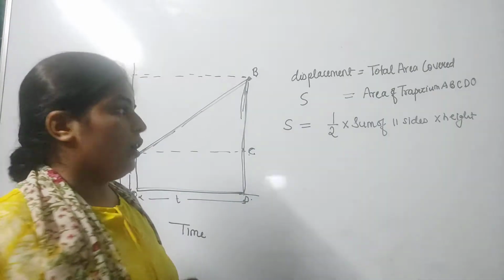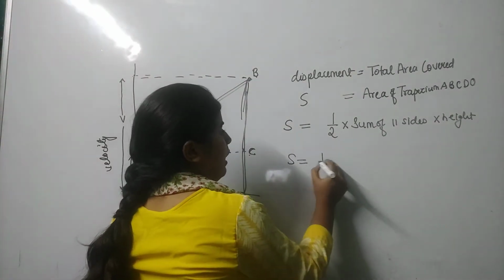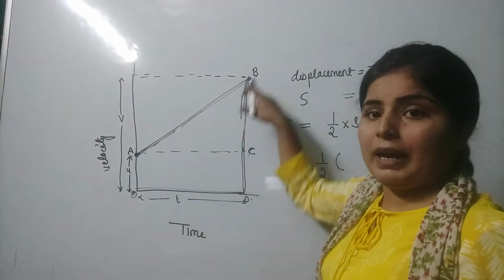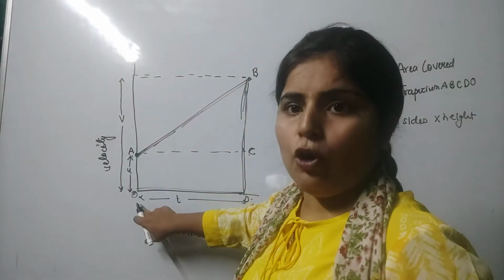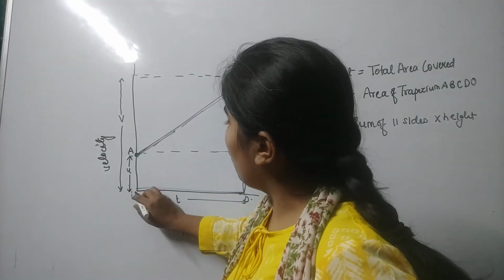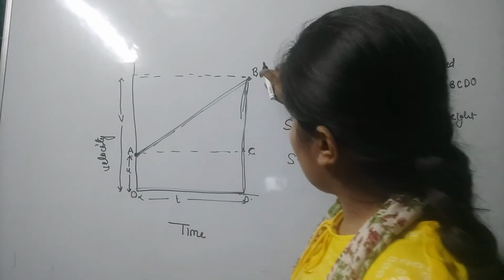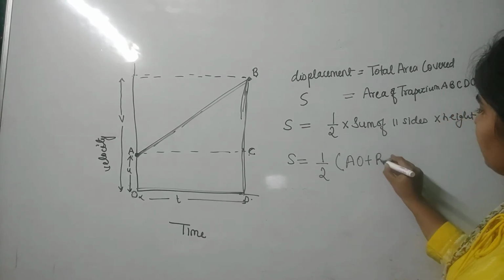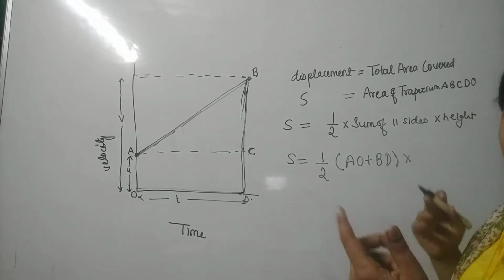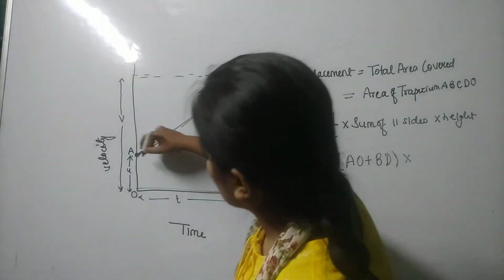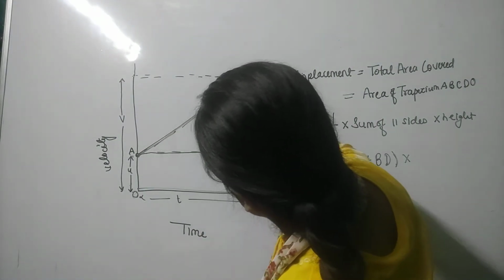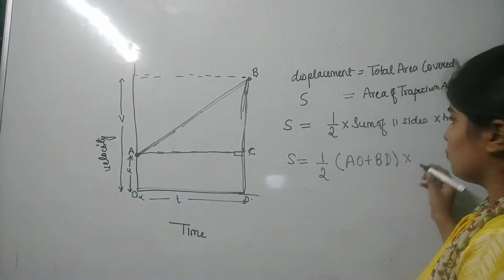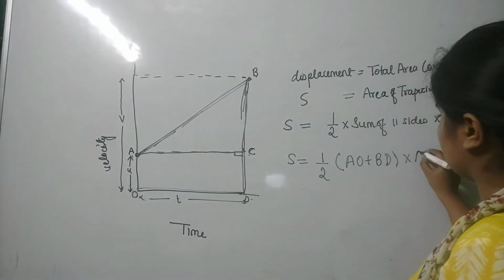Here AO is parallel to BD, so the sum of parallel sides means AO plus BD. Height means the perpendicular distance between them, and this will be given by AC.